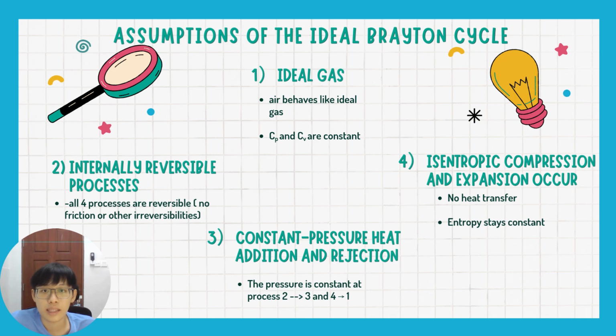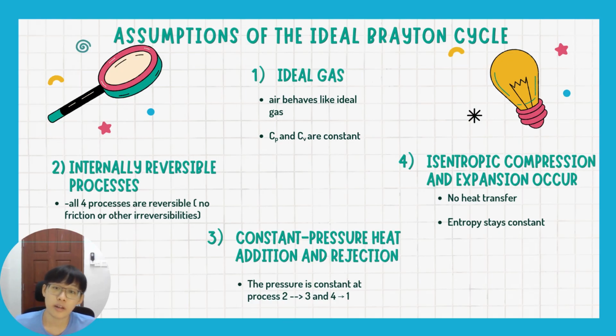So these are the assumptions of the ideal Brayton cycle. We have four. The first one is ideal gas. We assume that air behaves like an ideal gas, where the specific heat capacities at constant pressure and constant volume are constant. The second one is internally reversible process.